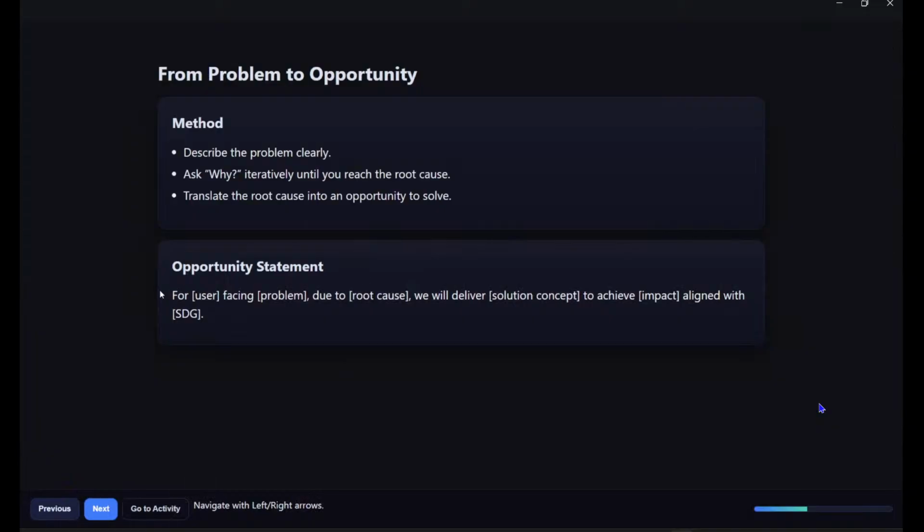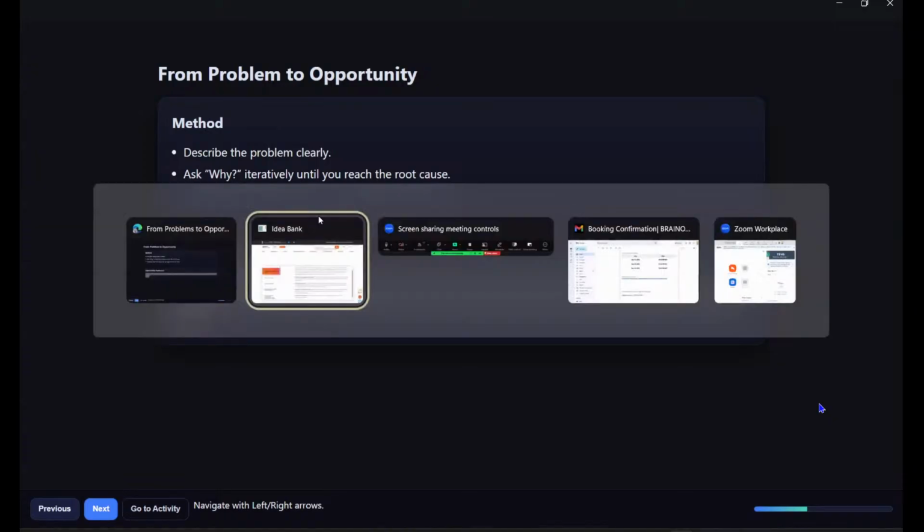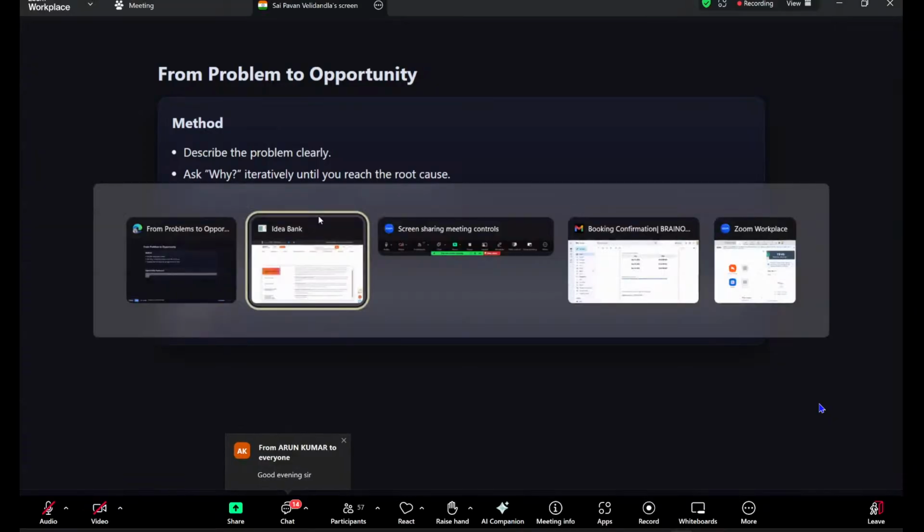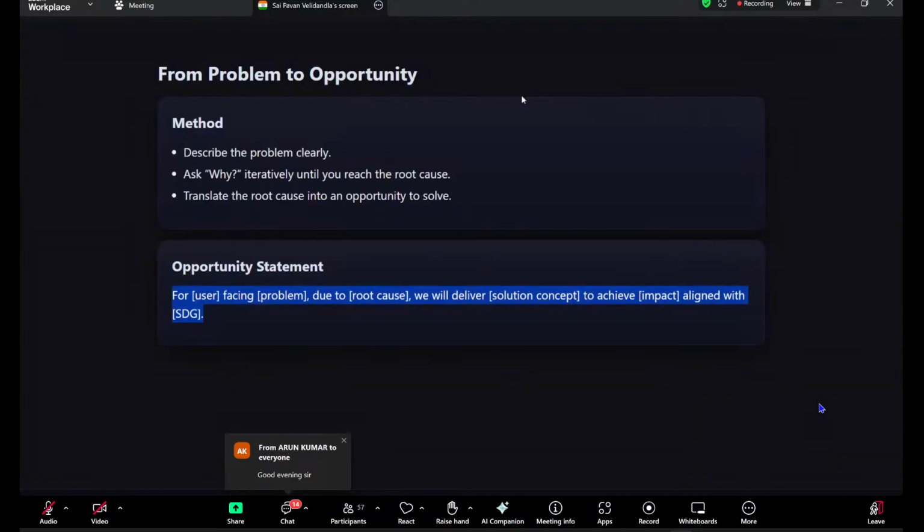So this is how we can write our opportunities. For a user facing a problem due to a root cause, this is how we can do it. So let me share it with you.